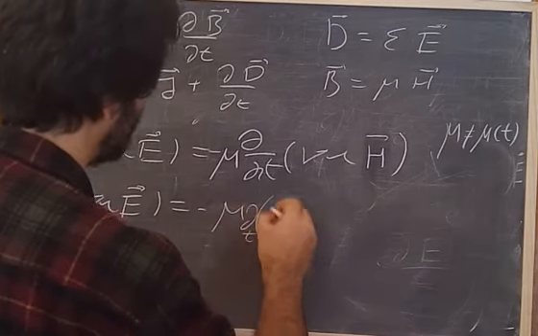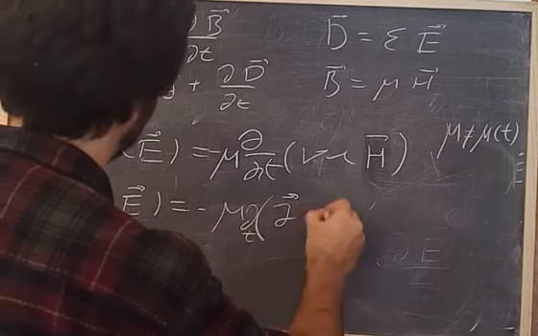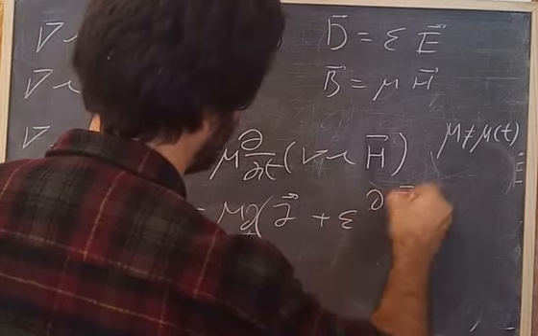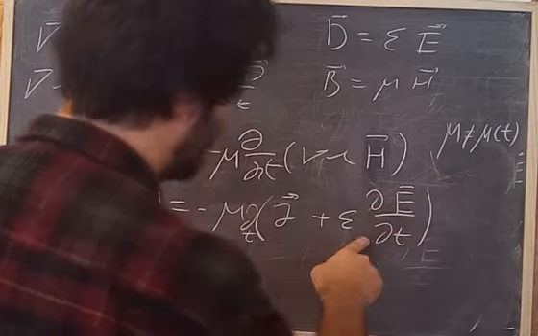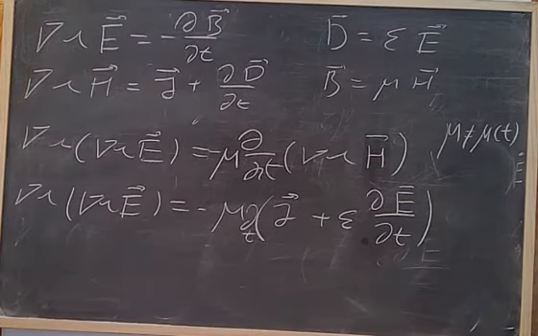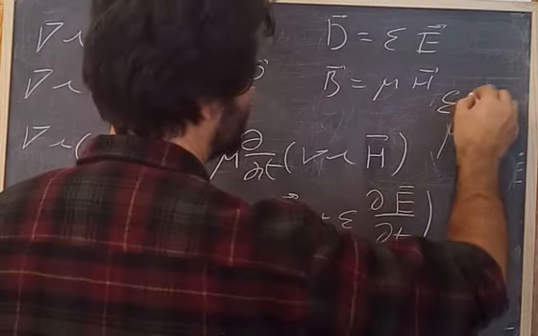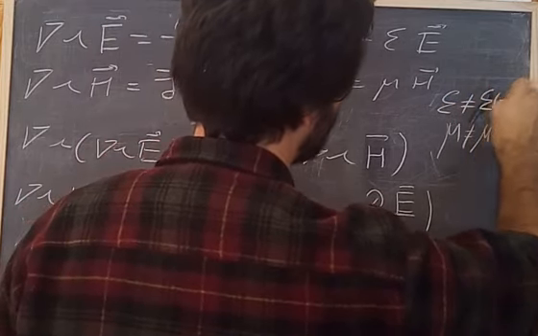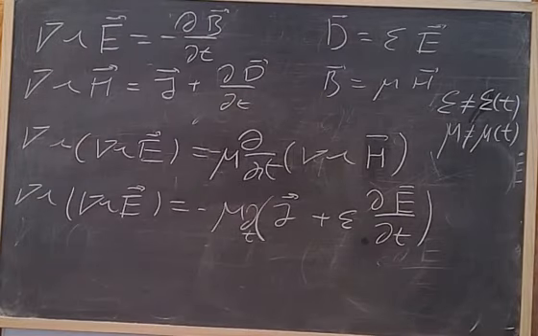partial derivative with respect to time of G plus epsilon E with respect to time. In this supposition, also epsilon doesn't depend on time. The electric permittivity doesn't depend on time.